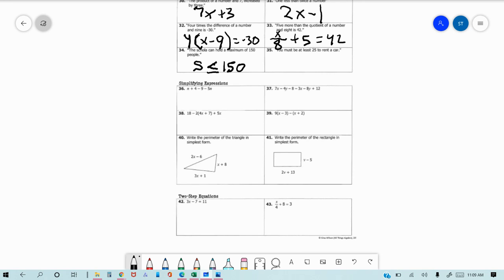Okay. You must be at least 25 to rent a car. So in order to rent a car, you have to be greater than — not 5, goodness gracious — you have to be greater than or equal to 25.